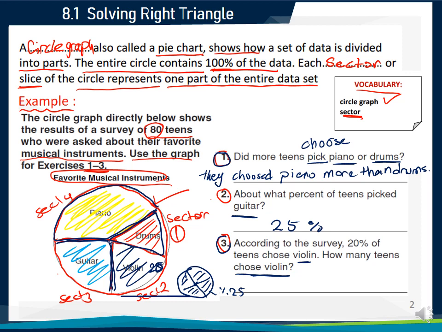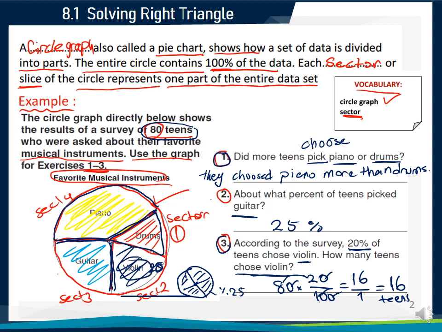If we have 80 teens, as we studied before, this is 80 times 20%. 20% means 20 over 100. We can simplify 10 with 10 and 10 with 10. So we have 8 times 2 is 16 over 1, which is equal to 16 teens. So 16 teens chose violin.